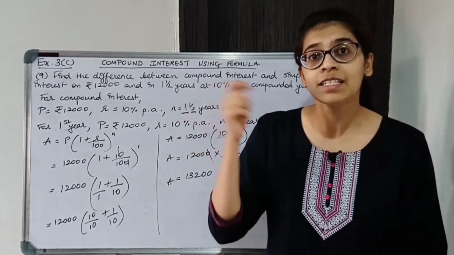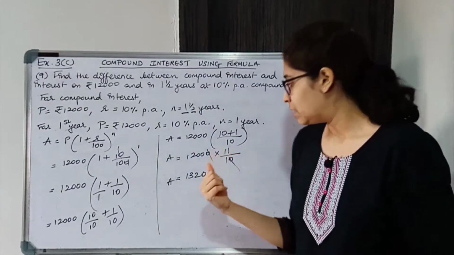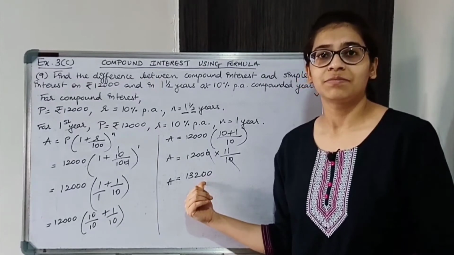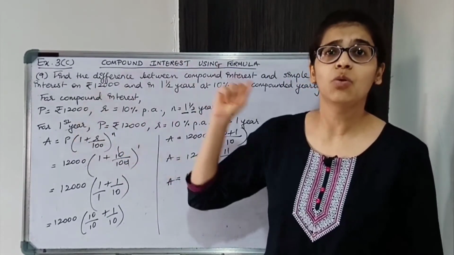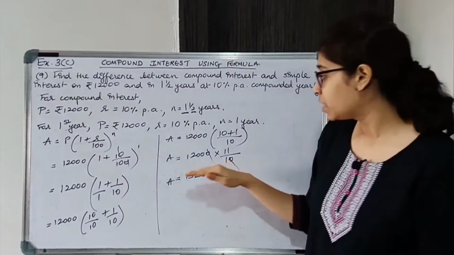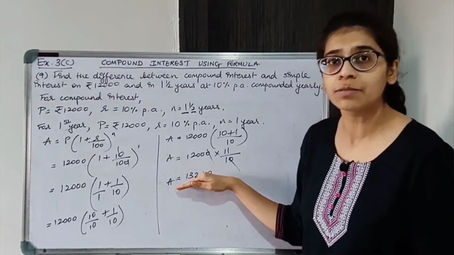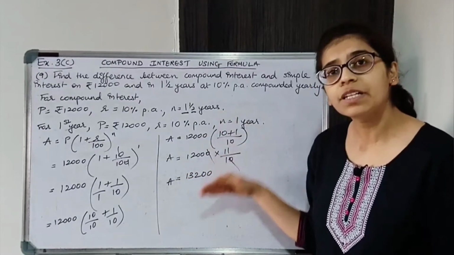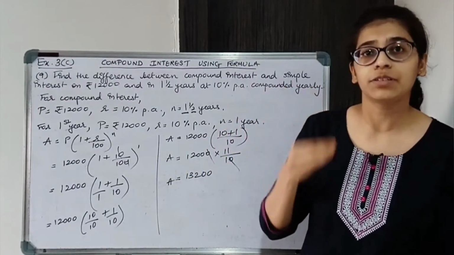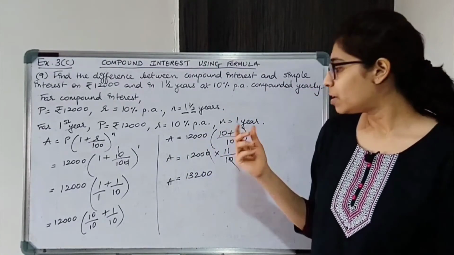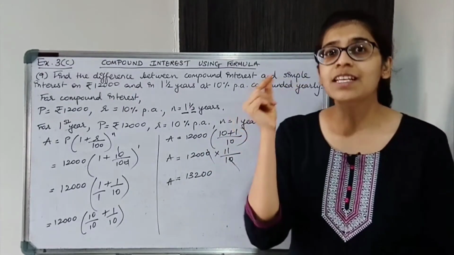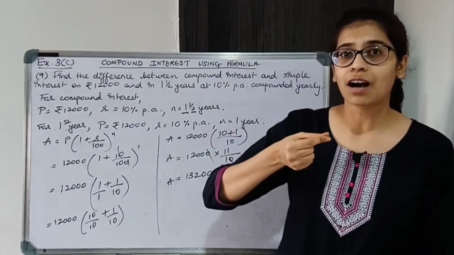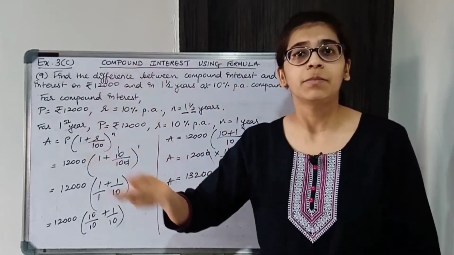Now for the next half year, this will become the principal. So 12,000 is not the principal. Don't take that as principal. The amount that you get in the first year will become the principal for the next half year. So let us find the amount for the next half year. Now since it is half year, rate of interest becomes half and the number of years you will multiply by 2.